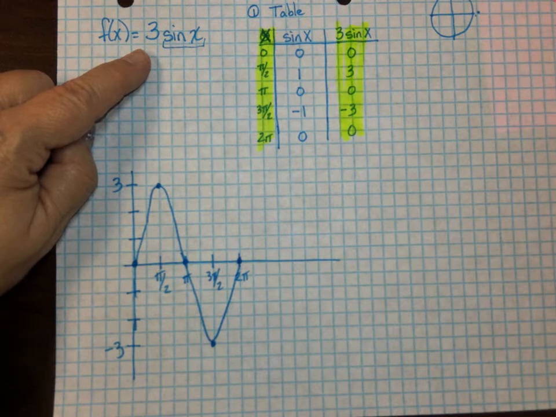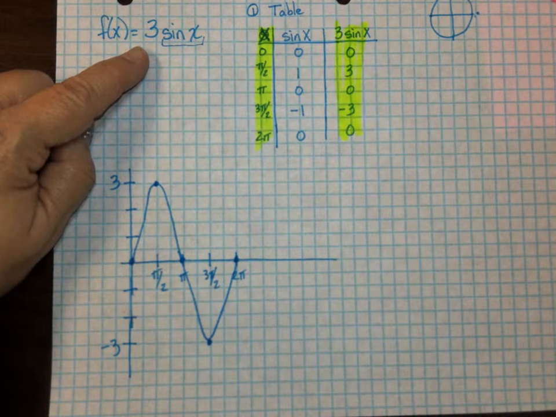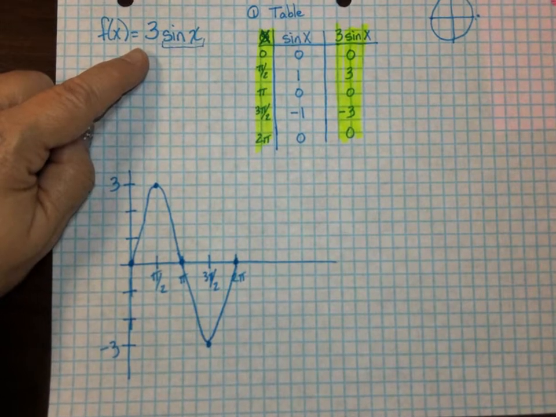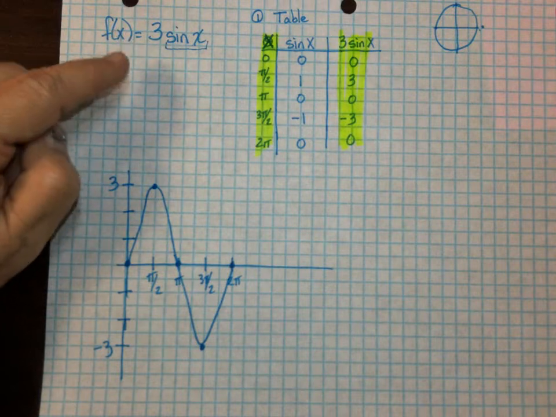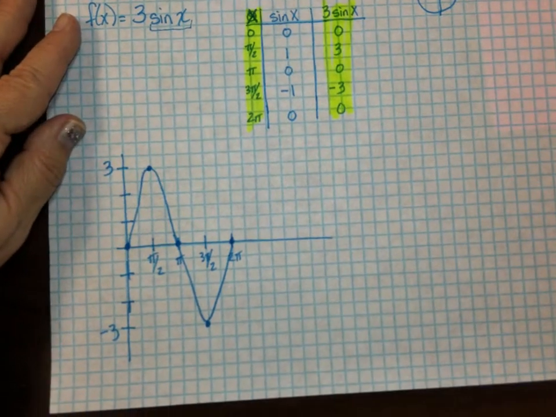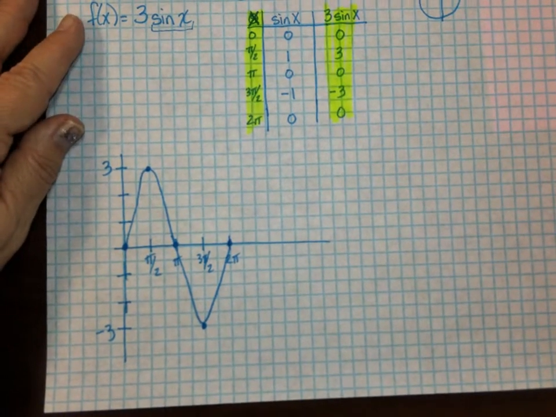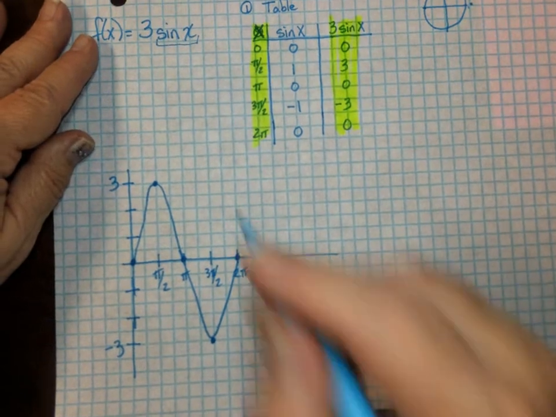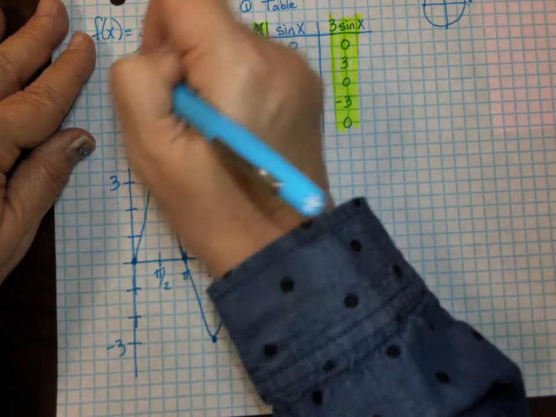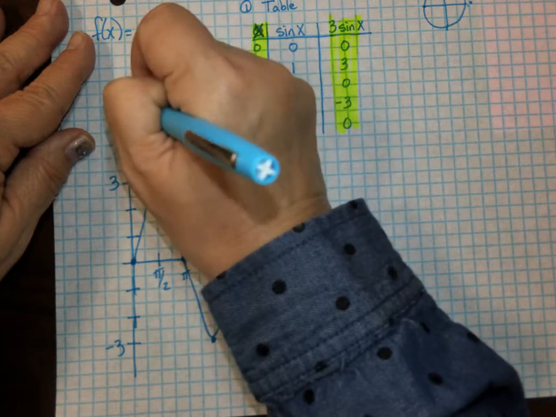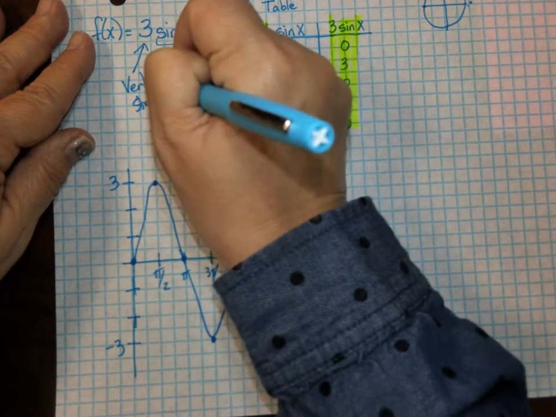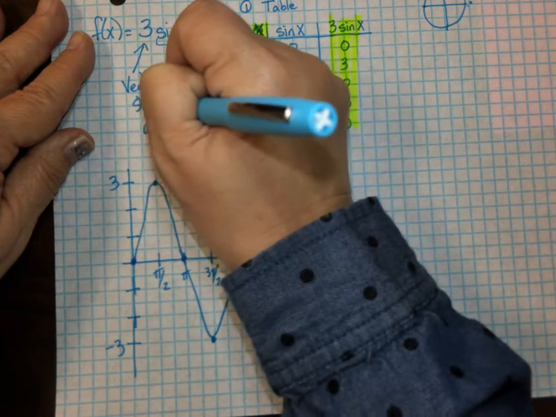The minimum and maximum. Very good. The minimum and the maximum changed. How might you describe what happened? A vertical stretch. Yes. So right here, this 3 caused a vertical stretch by a factor of 3.